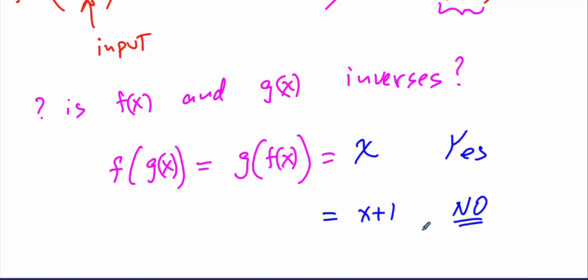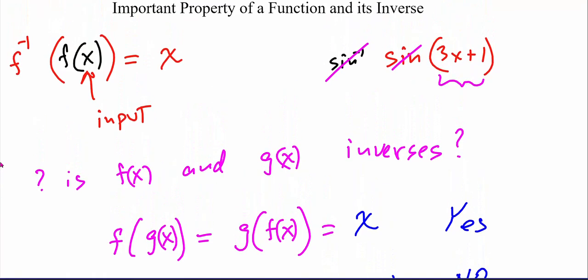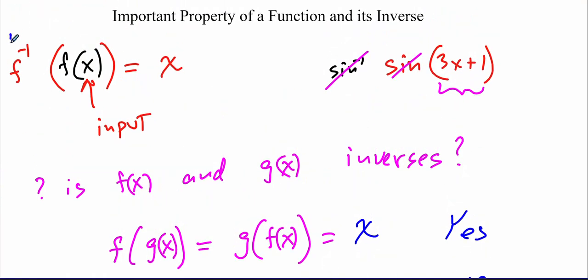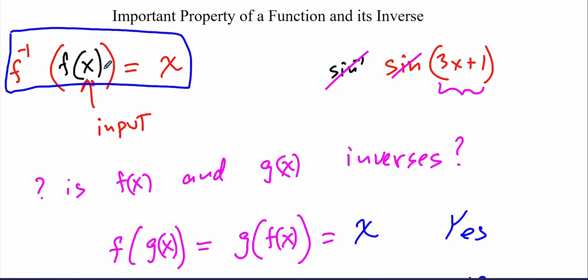Again, you'll see that through a demonstration. I'm going to reemphasize this: it's pretty important that the two functions undo each other and give you back the original input.